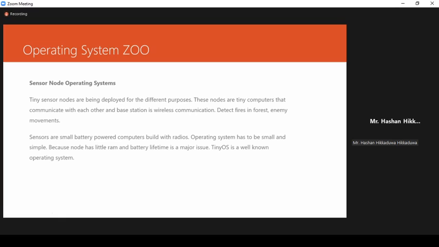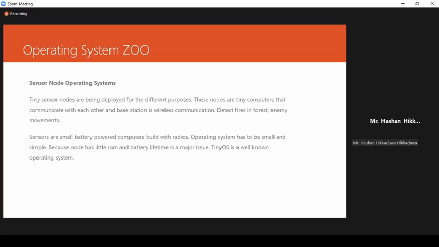But think of something like this. You need to monitor wildlife management. Think there is a forest, and you need to manage the forest. Several functions are there. Maybe you need to know about the animals of the forest, detect the animals, or sometimes detect fire or flood in the forest.